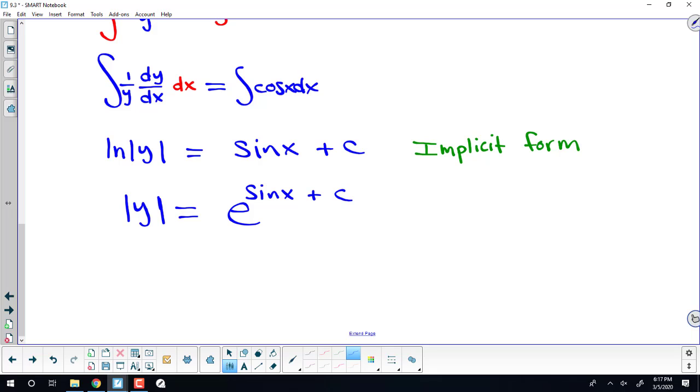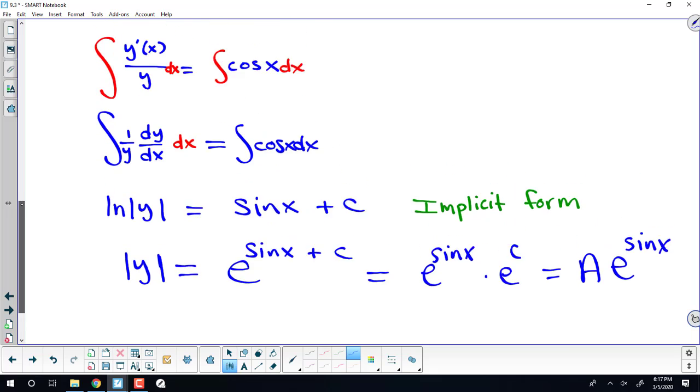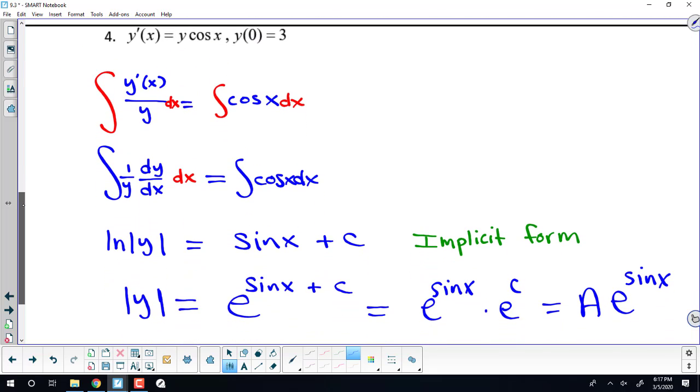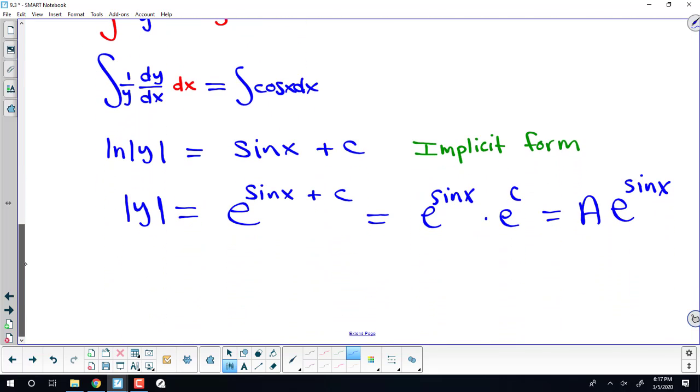Kind of like in that last one we just looked at, you could rewrite that as e to the sine x times e to the c, or a times e to the sine x. Here our initial condition was y of 0 is 3.